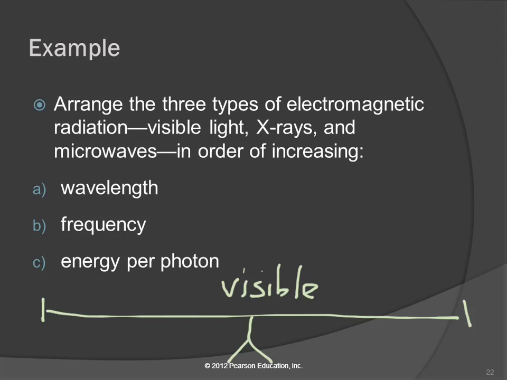And so let's try to place the others on this spectrum from memory, just relative to visible light. Let's put the higher energy over here and the lower energy over here. Are X-rays higher in energy or lower in energy than visible? Higher. So the X-rays were over here. How about the microwaves? Those were lower.